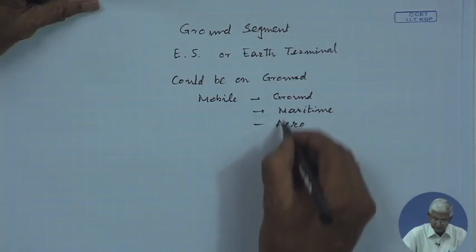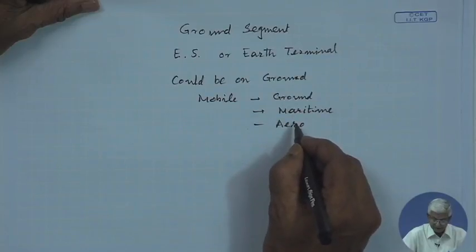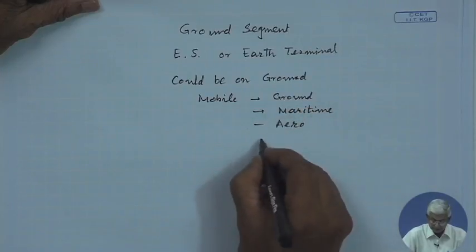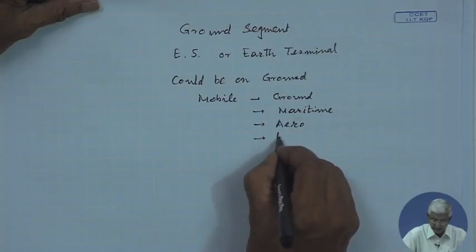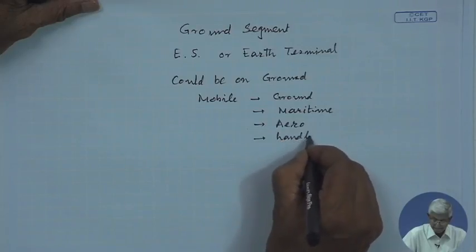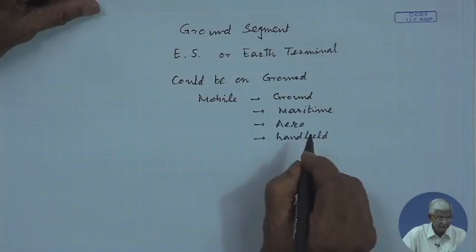And these types of mobile things can be a very small station, which you can call handheld, just like our cell phone.